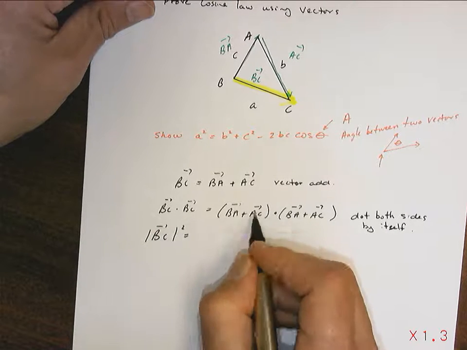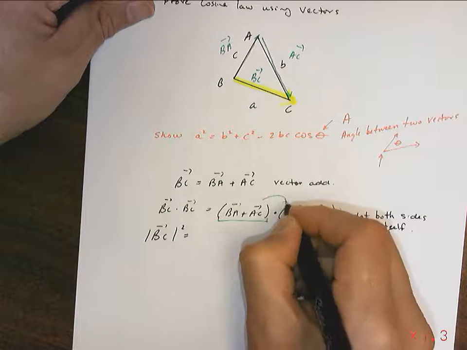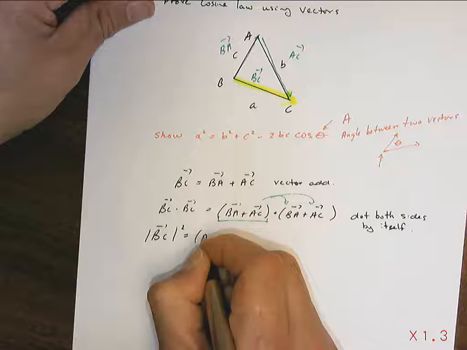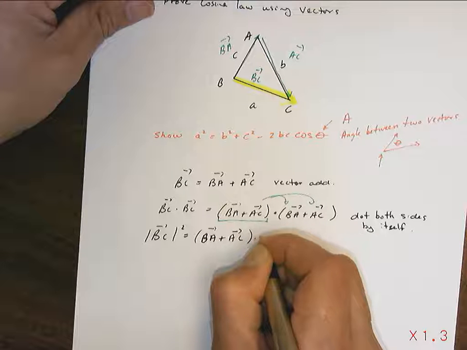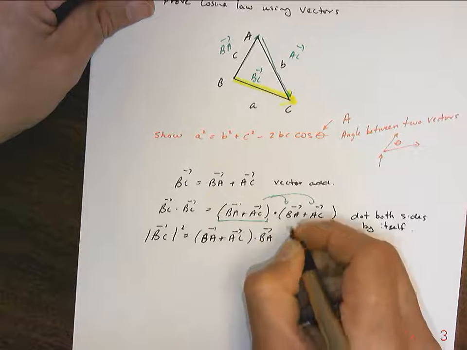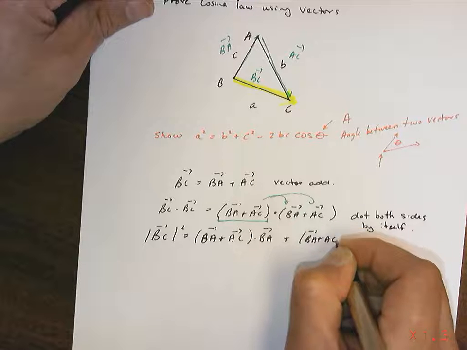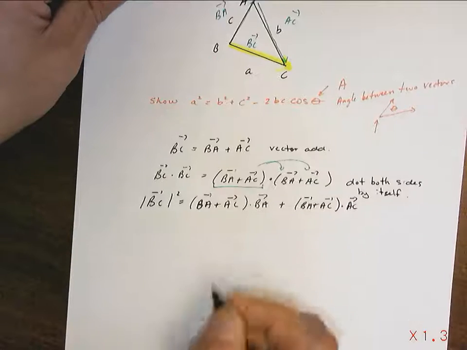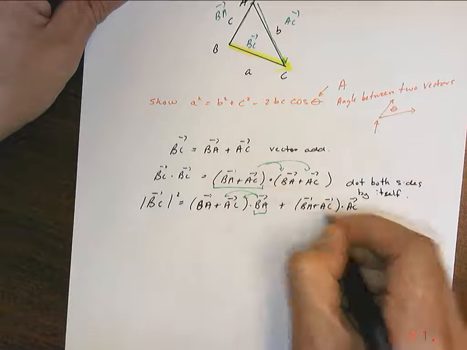And so using the distributive property, we're going to take this whole thing and distribute it over like that. Okay, and then we're going to take this guy and distribute him in here.